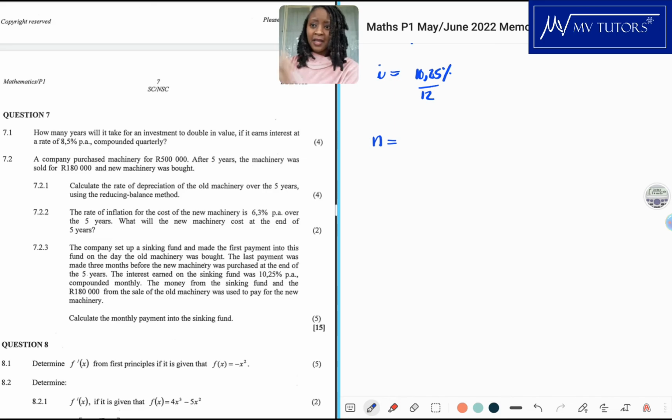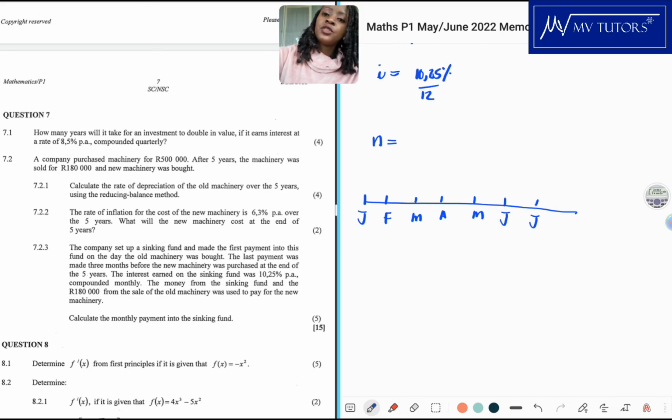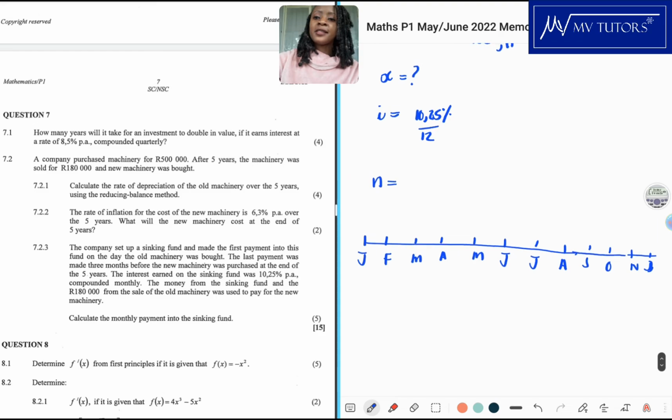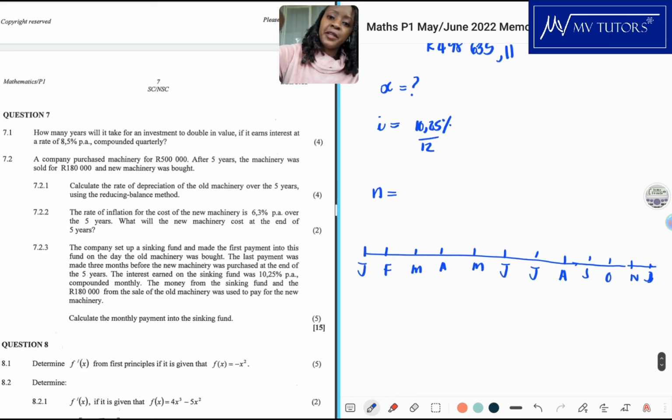So here's the thing. If I'm making an example, if I'm going to save money for a year, if I draw a timeline for a year, so this is Jan, February, March, April, May, June, July, August, September, October, November, December. Okay, and I say that my last payment is in January.